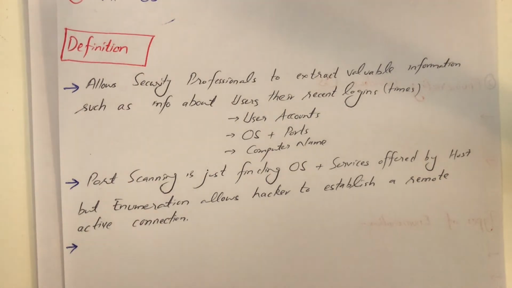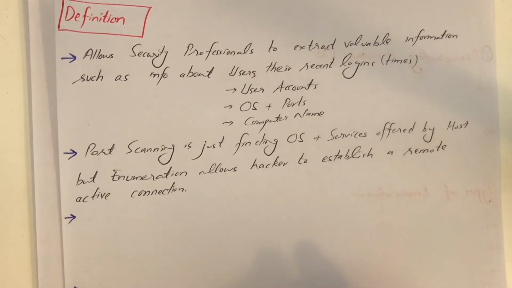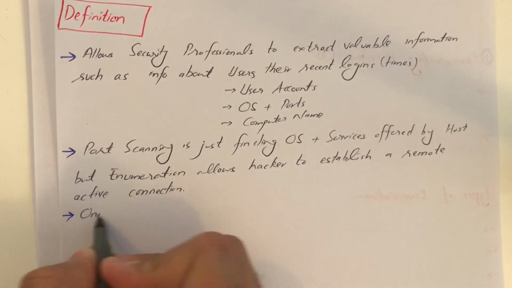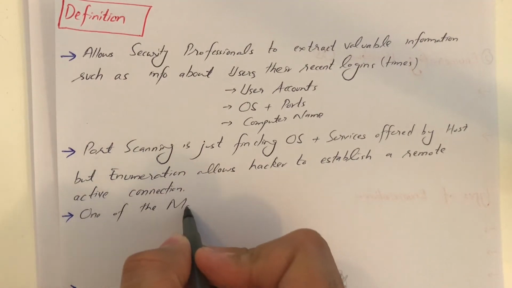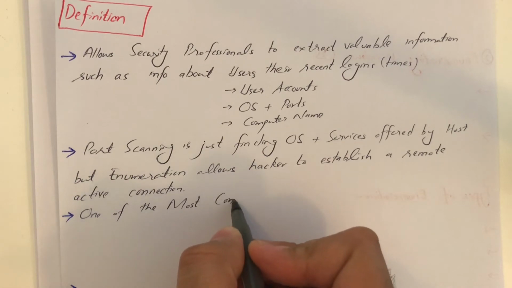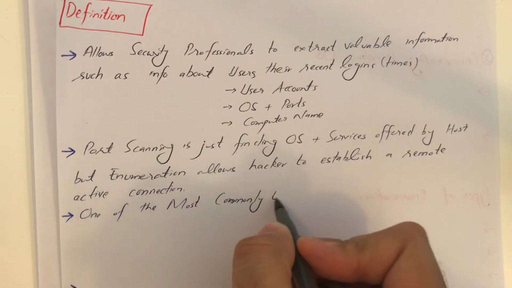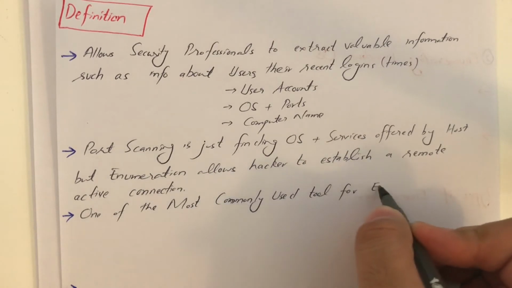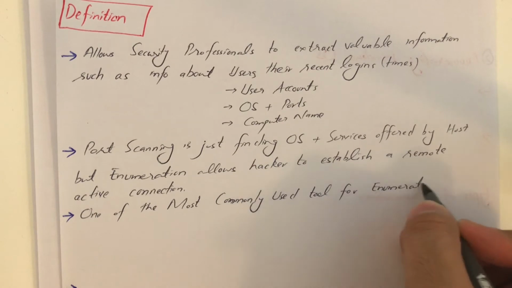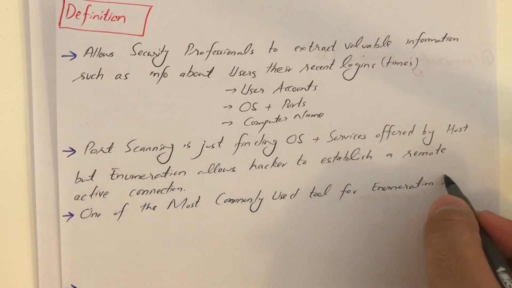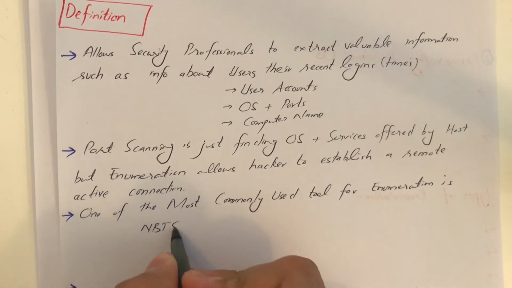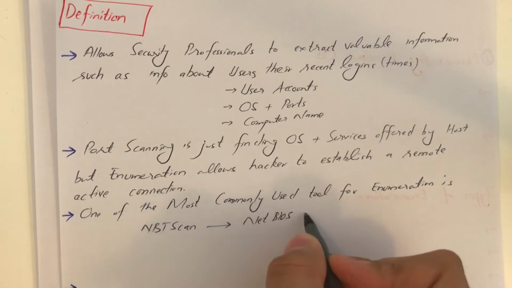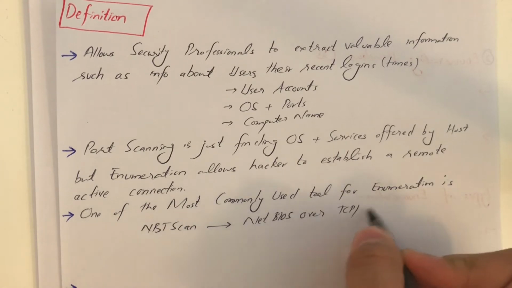One of the most widely used tools for enumeration is NBT scan, which exploits NetBIOS in fact. NBT scan stands for NetBIOS over TCP/IP.